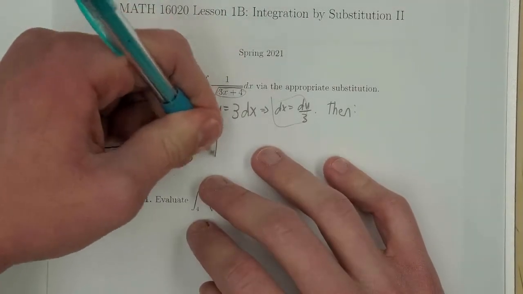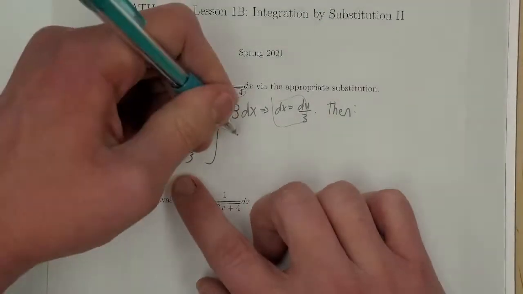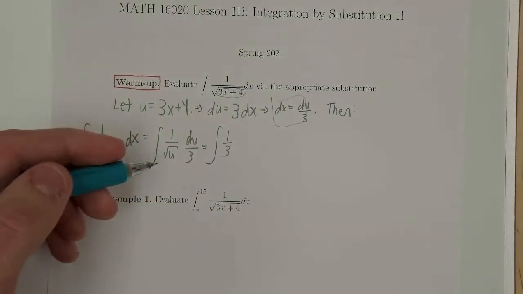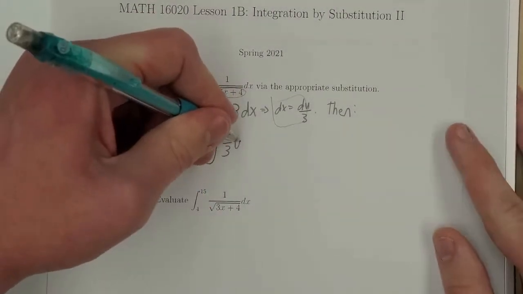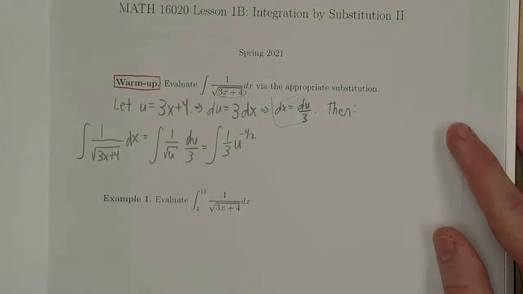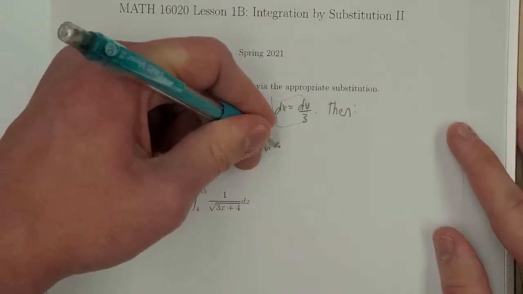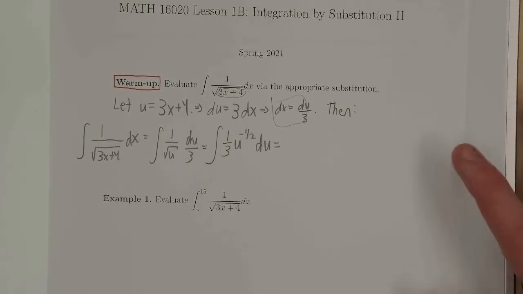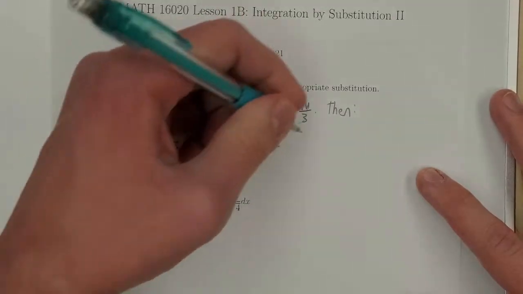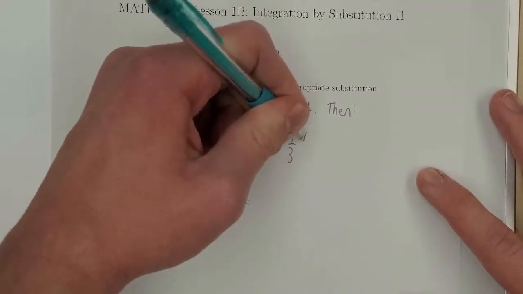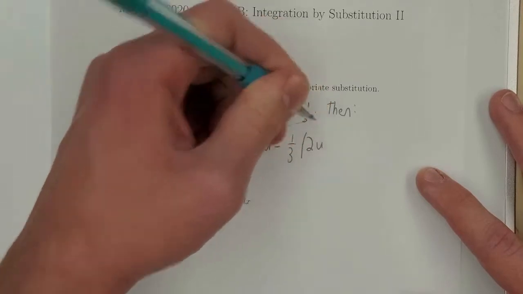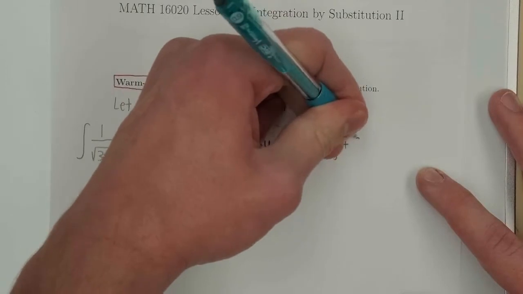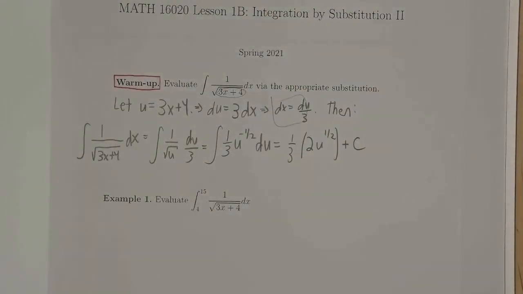So then we can rewrite this integral as 1/3 times 1 over the square root of u, which is the same thing as u to the power of negative 1/2 du. Okay. So then applying the antiderivative power rule will yield 1/3 times 2 times u to the power of 1/2 plus c. This is just a quick application of the antiderivative power rule.